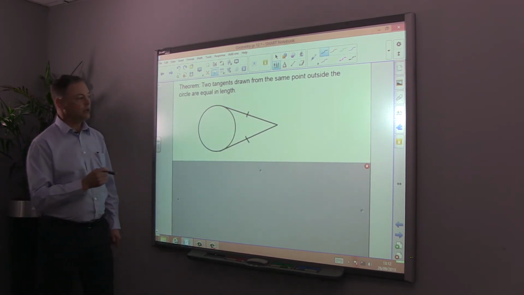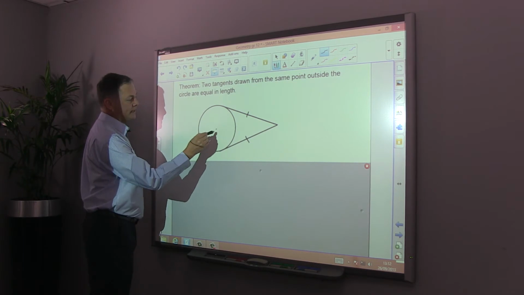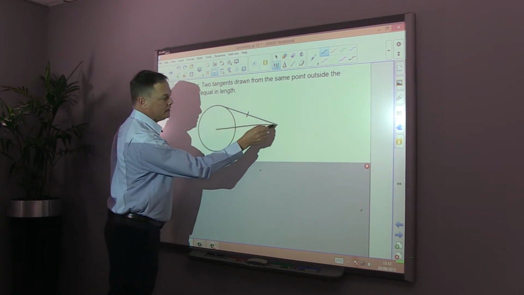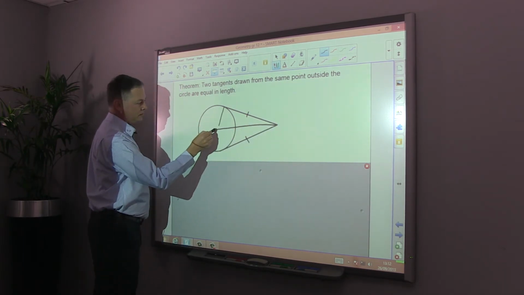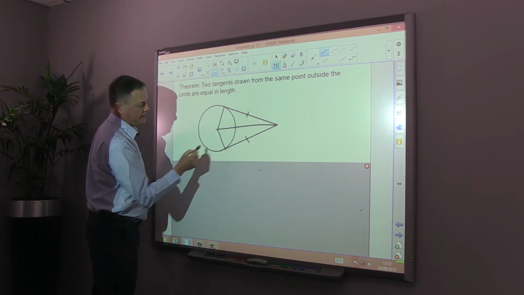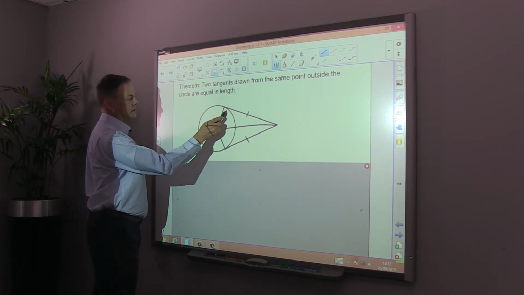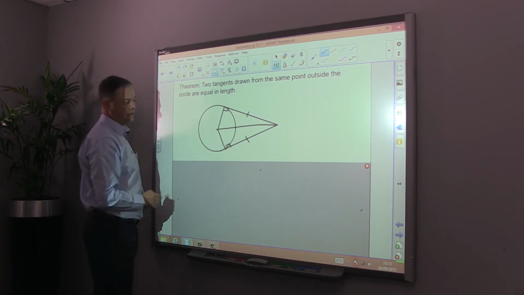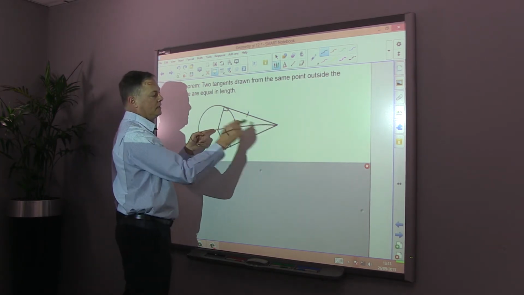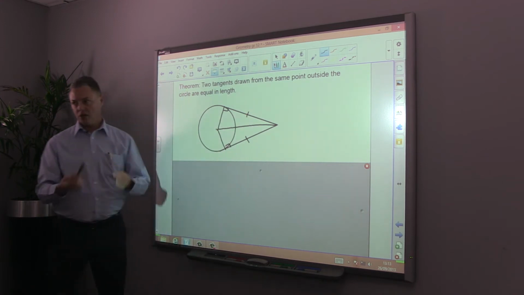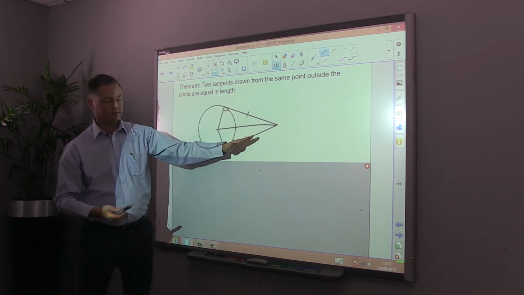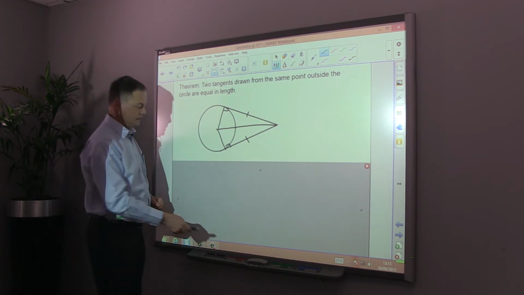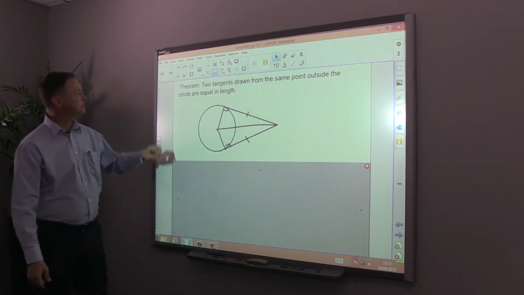Now, how that works, if you want to prove it, you've got the center, so you'll draw a line to there, you'll draw a line to there and a line to there. Now, there's a theorem we're going to do that says that that angle is 90, so that one is also 90. This is a common side, so these two triangles are congruent. Therefore, those two sides must be equal. Easy theorem to prove.